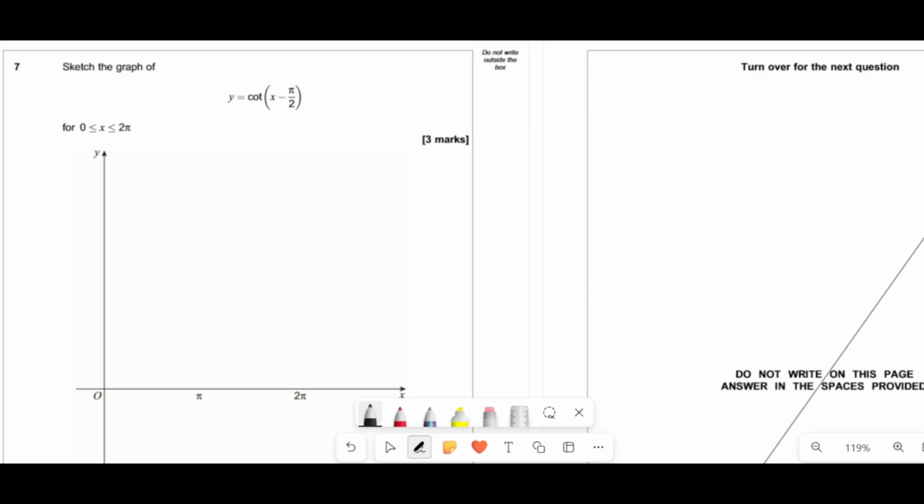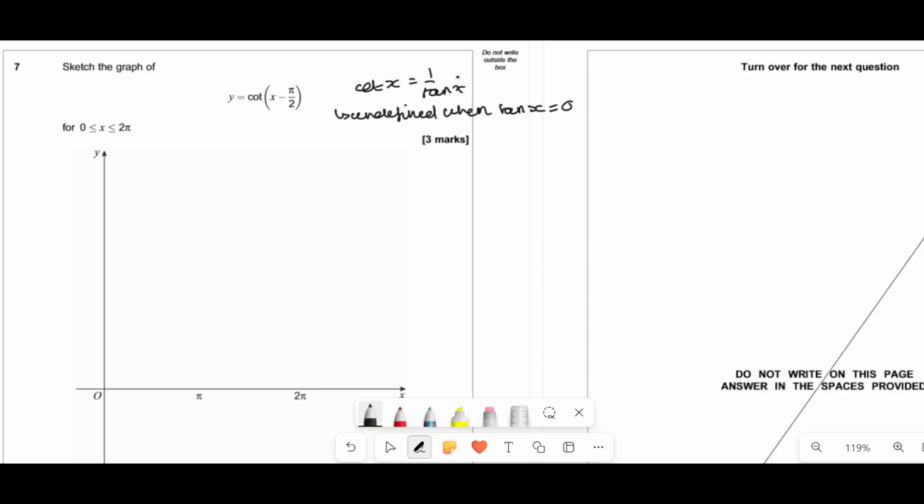So now it says, draw the graph of y equals cot of x minus pi over 2. So cot x, remember, is 1 over tan x. So cot x is undefined when tan x equals 0. So whenever tan x is 0, if we do it in radians, cot x will have asymptotes where you have multiples of pi normally.